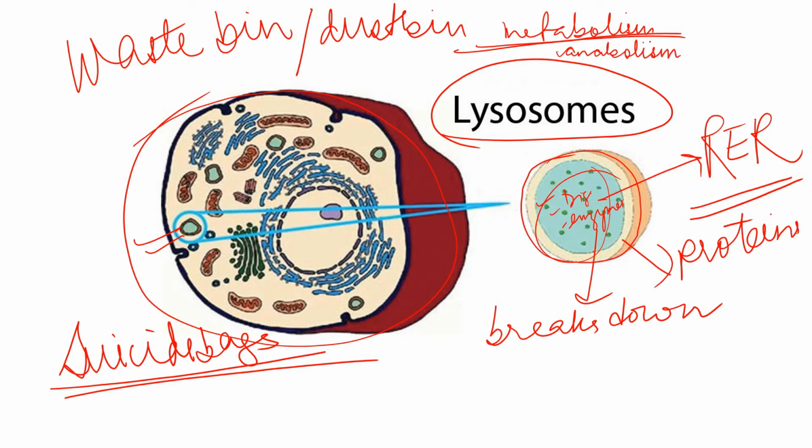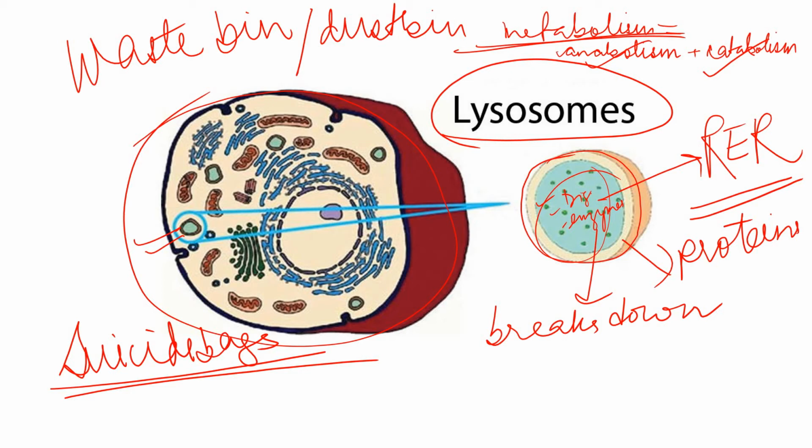Something building up in the cell is called anabolism, and something breaking in the cell, catabolism. When organic molecules are being built, that is anabolism, and when organic molecules are breaking down, that is called catabolism, and together it is known as metabolism.